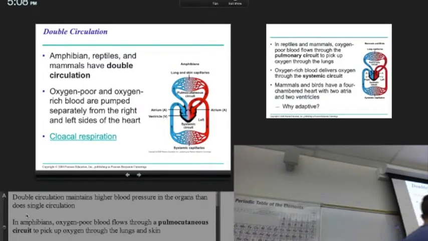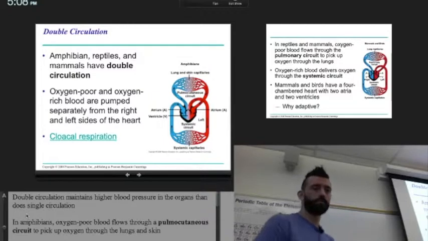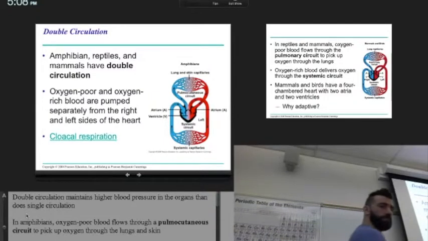In all other vertebrate taxa, amphibians, reptiles, mammals, we have double circulation. In all of these taxa, you now have a left atrium and a right atrium. Note, this is from the organism's point of view.